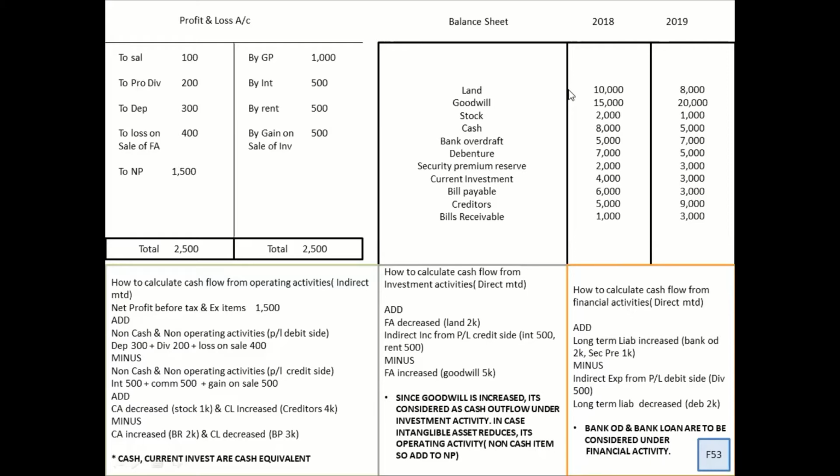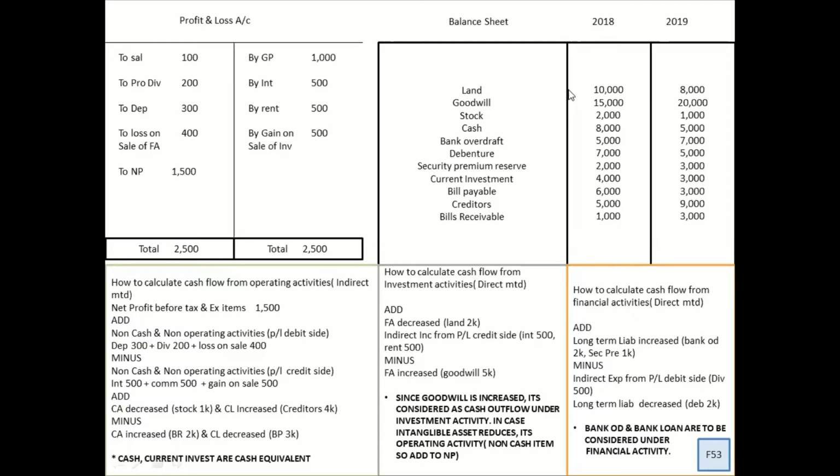Now students ask me, sir, if liability increases, how cash comes in? So please understand, liability is like a loan. If loan increases, it means you have taken a loan. When you avail loan, what happens? Cash comes in, right? So this is what we have to understand. I always ask students to consider stock and loan as an example of asset and liability.